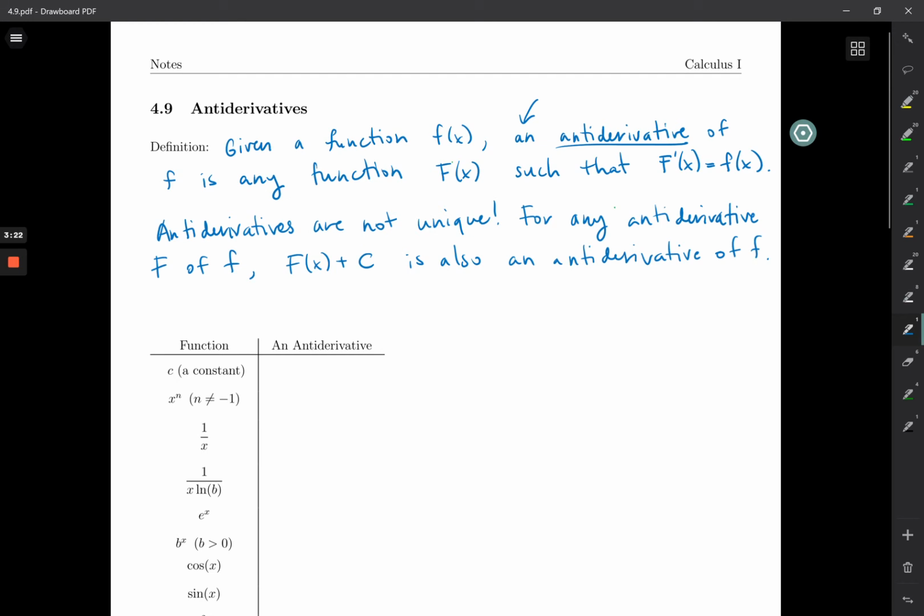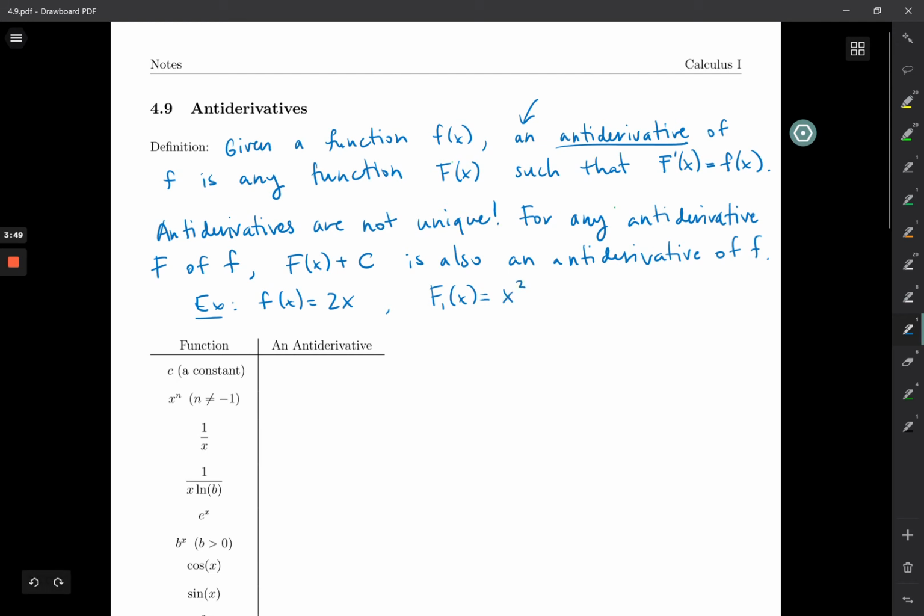Okay, and to see this, let's look at a concrete example. So say we start with a function, so say x squared, or sorry, oops, I gave away the answer. So say we start with a function 2x, then an antiderivative of that would be capital F, I'll call this F1 because there's going to be another one, would be x squared.